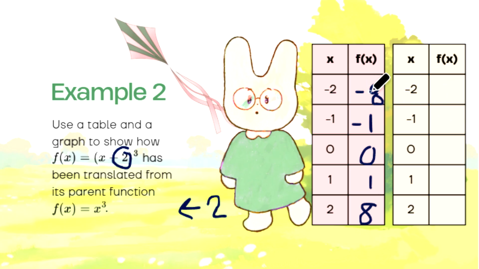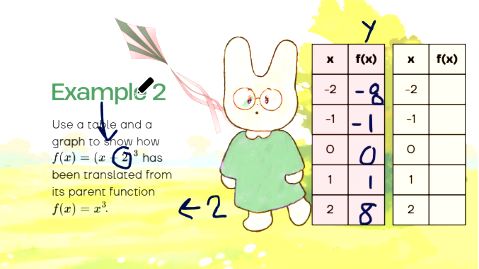We can't just say, well, okay, then -8 is now -6, because this is actually the y value and it's not what's changing, okay? It's the x value that's changing. So if x is -2 and we're using this formula, then what is our translated function? That's what we're trying to figure out, okay?